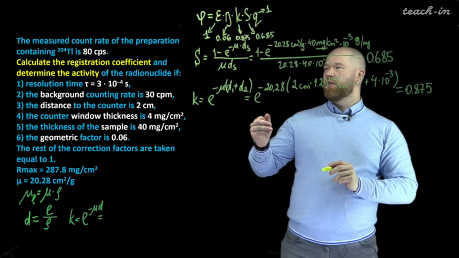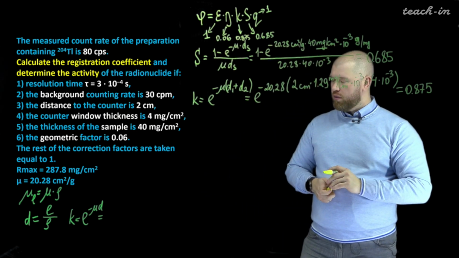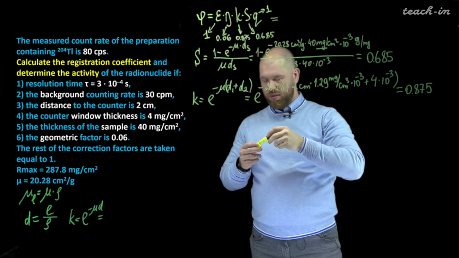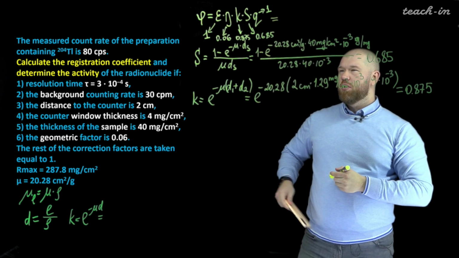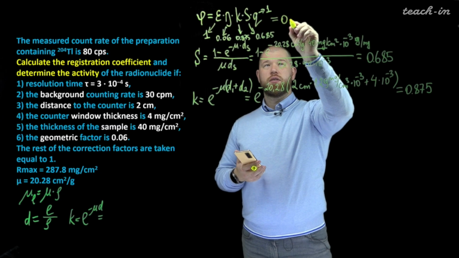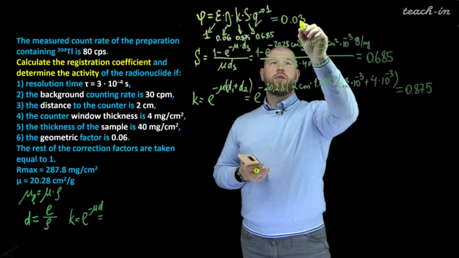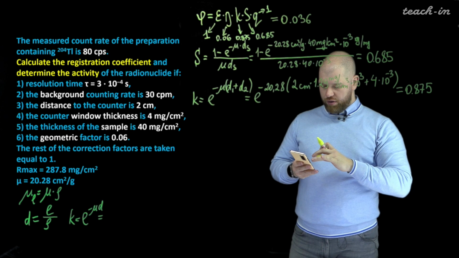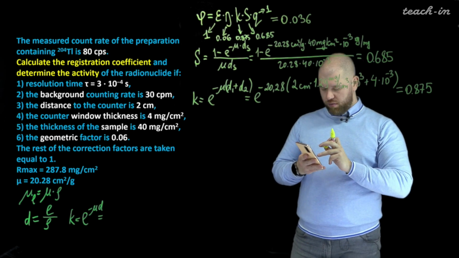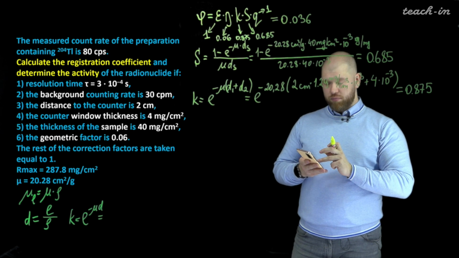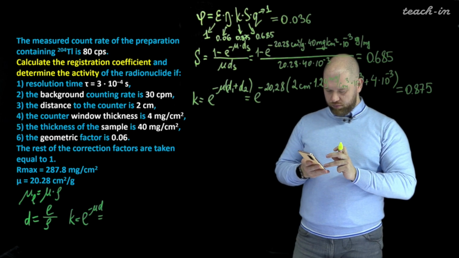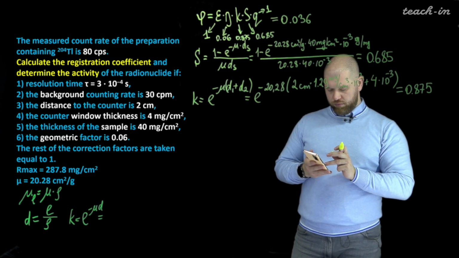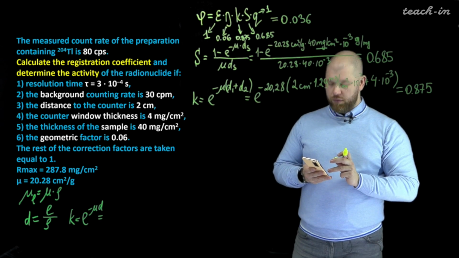And to calculate this registration coefficient, we have to multiply all these numbers. And we will have like this 3, 6. I will just check if I calculated the first number correctly. Yeah, okay, it's correct.